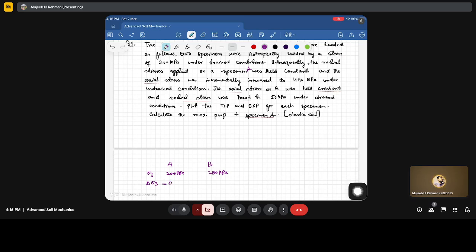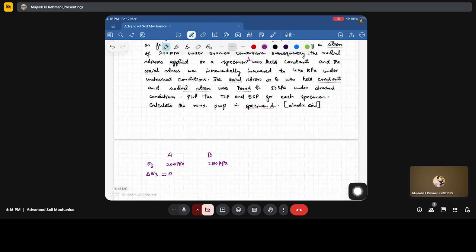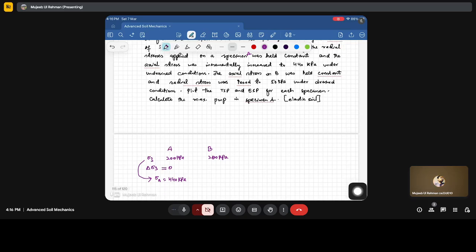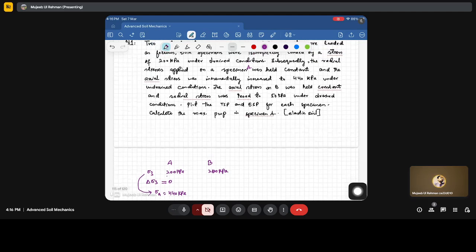We have not changed the radial stress, but we have incremented the axial stress, so sigma a is equivalent to 440 kPa, incremented from 200 to 440.